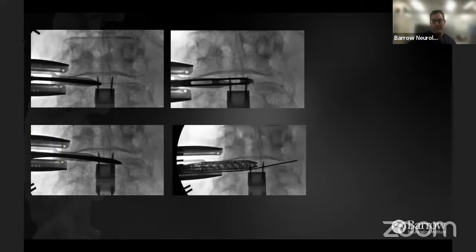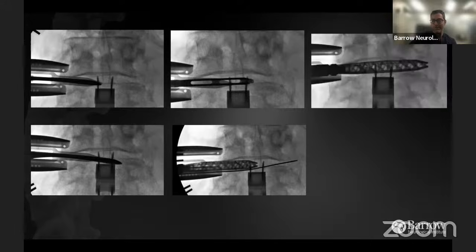Once we did that, for placement of the interbody itself, we use this long blade, knowing that if you can get the interbody to span the apophyseal ring where the bone is strongest, it can still hold, and that's the advantage of these very long grafts. So this is the blade that's used to protect while the graft's inserted, and this is what the graft looks like once it's in.